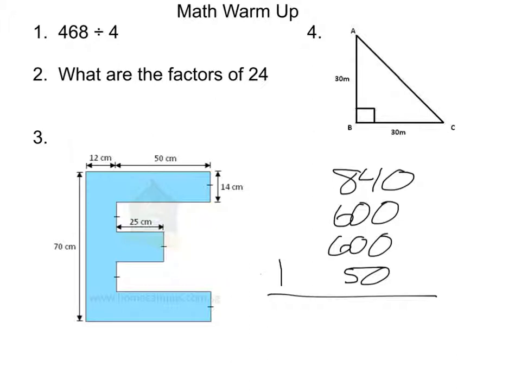All right, now we just add up all of our rectangles. 2,090. Hope that's what we got. We're going to take a look at number 4 now. See if we came up with the same thing.